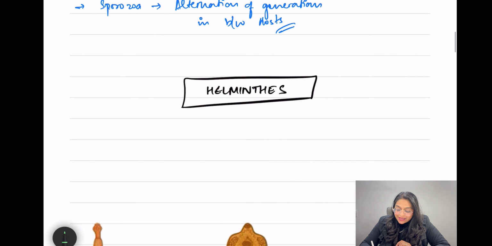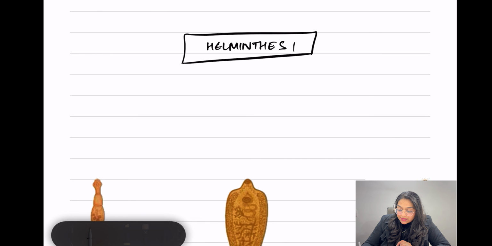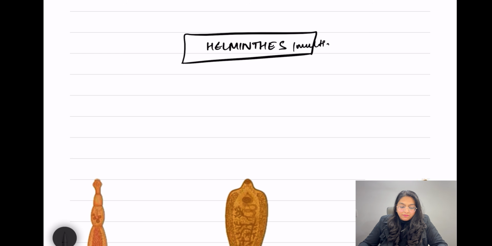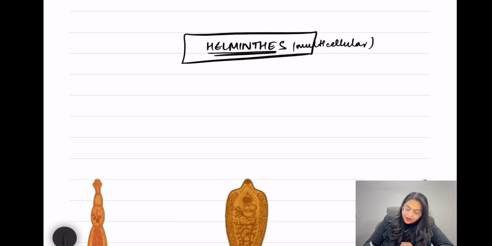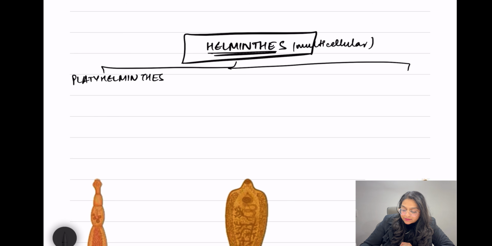Now let's look at helminths. Helminths are multicellular parasites. They can be divided into two broad classes: platyhelminthes and nemathelminthes.